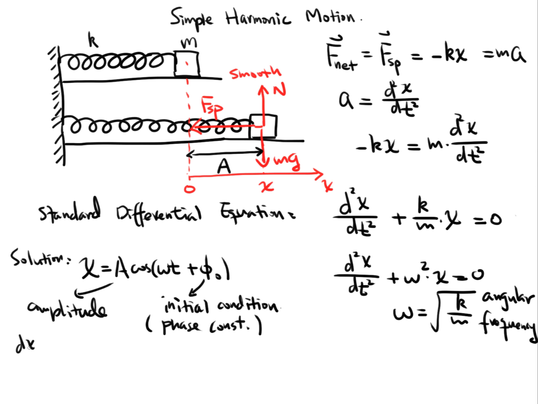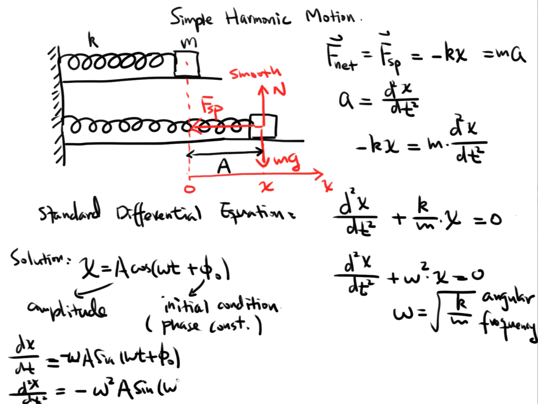The first derivative equals negative omega A sine of omega t plus phi naught. And the second derivative is given by negative omega squared times A cosine of omega t plus phi naught.